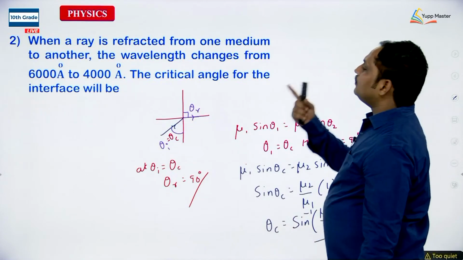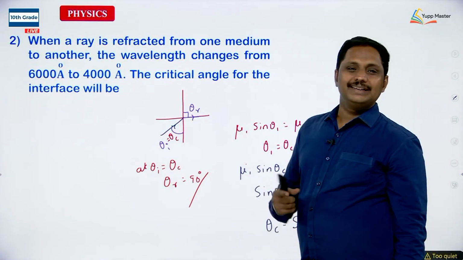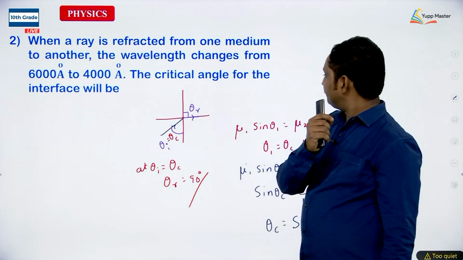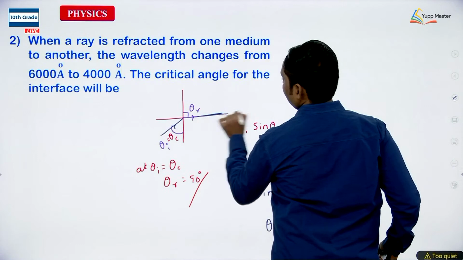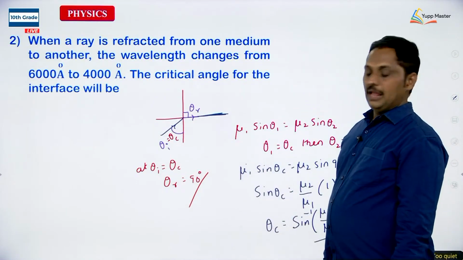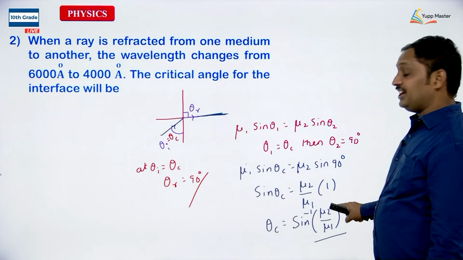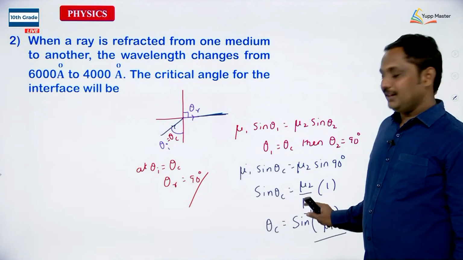Now, in this problem you are going to find out the critical angle for the interface, let us assume this is the interface. You have obtained the relation in terms of mu 2 and mu 1.